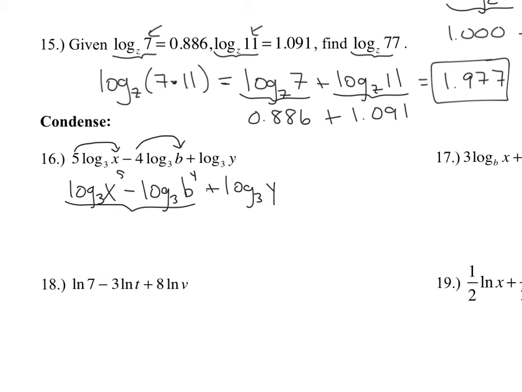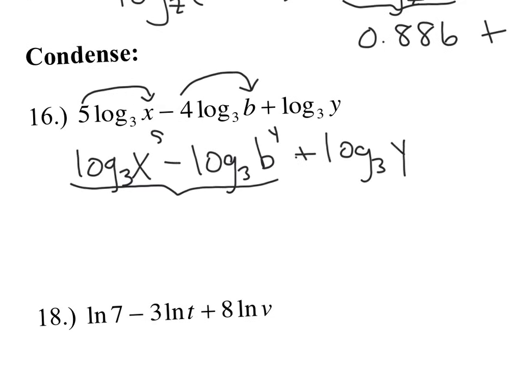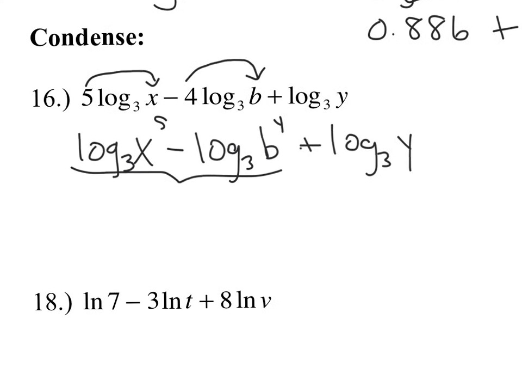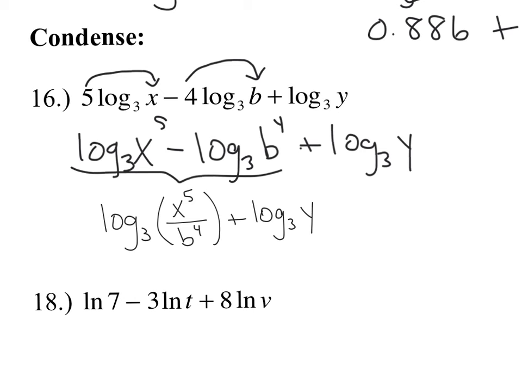First thing I'm going to do is condense my first two. So I like to go left to right. I find it easier. Let me zoom in so I have a little bit more to work with. So it is subtraction, so the first step here when I condense these two would be log base 3, and I'm going to divide x to the 5th by b to the 4th. So once we have that, now we have two logs that are being added, so you're going to condense those down by using the product property.